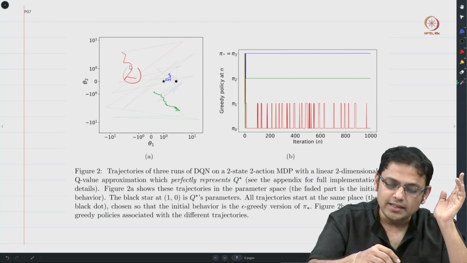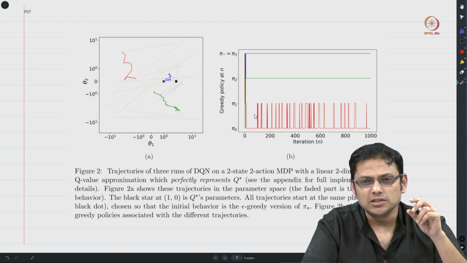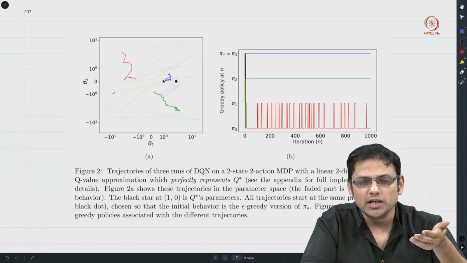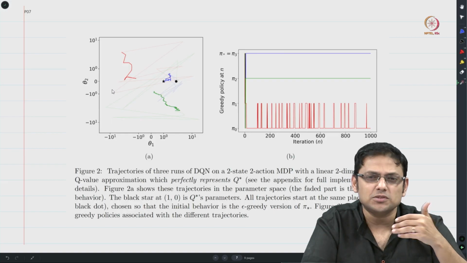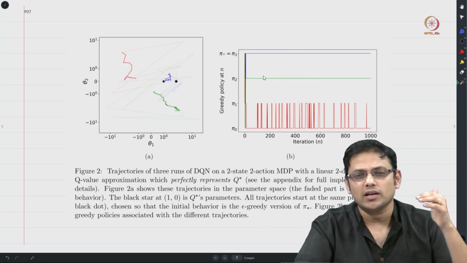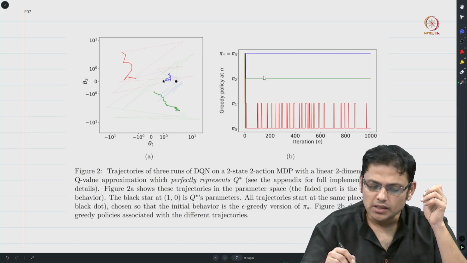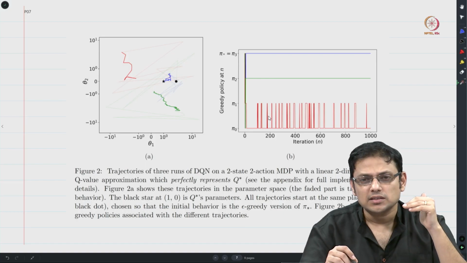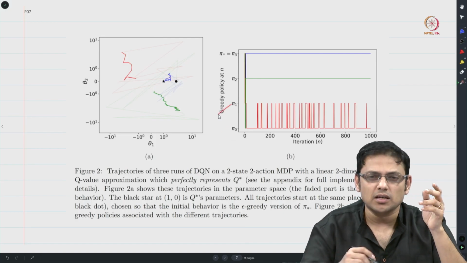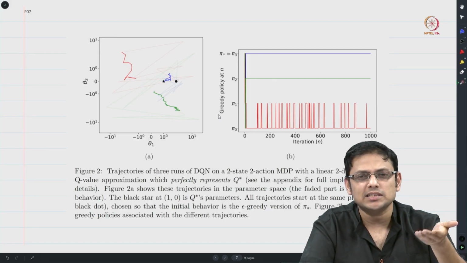Now along the red trajectory we observed something very strange. Along this trajectory the greedy policy associated with phi theta n keeps jumping. In other words, unlike the green and blue trajectories where the greedy policy is constant, in the red trajectory sometimes the greedy policy was some policy pi 0 and sometimes it was pi 1, and it was never settling to either pi 0 or pi 1.